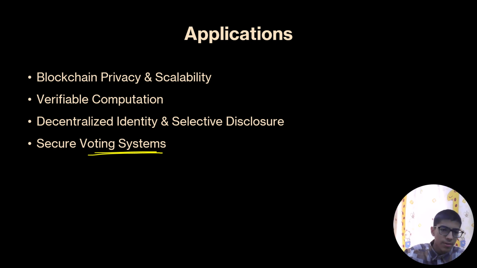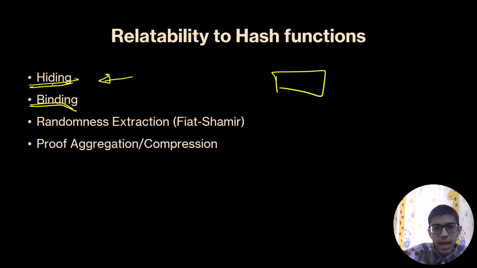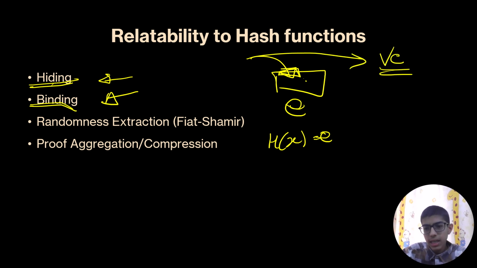Now we have the most important properties relating to hash functions: hiding and binding. Hiding refers to the fact that once I have computed E, I cannot take back E or change E. Binding refers to the fact that even if I do not change E, I cannot tell the verifier that the E that was in the digital locker was different from the one I had entered.